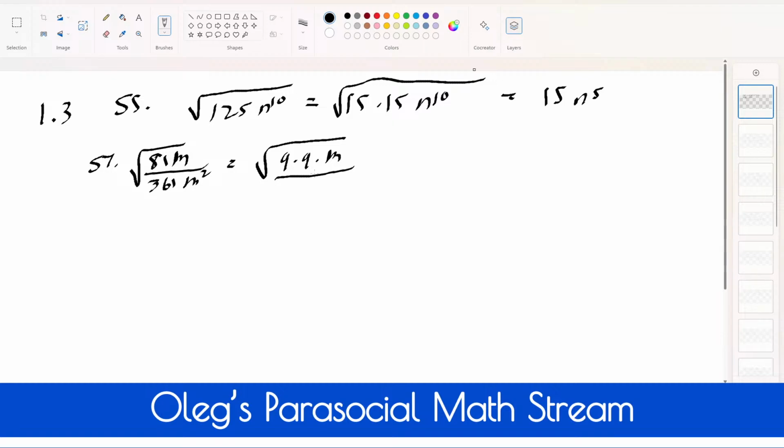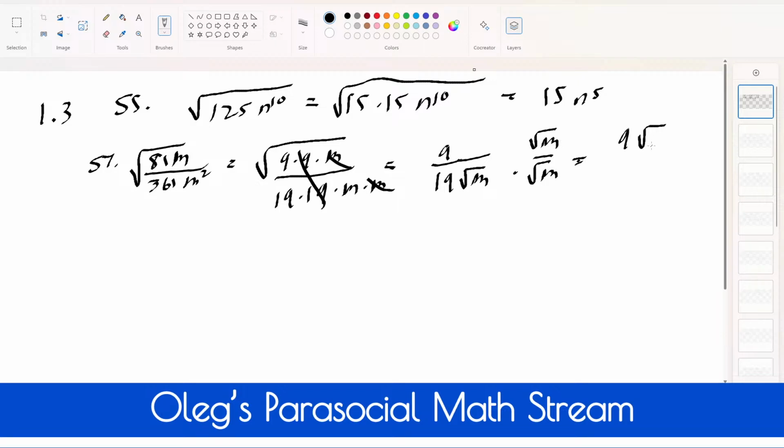Yeah. So then we have 19 times 19 times m. So let's scratch these, and then we're going to scratch these. So then we have 9/19 and root m. Okay? And then we're going to multiply that by root m. So that's equal to 9 root m over 19m. All right.